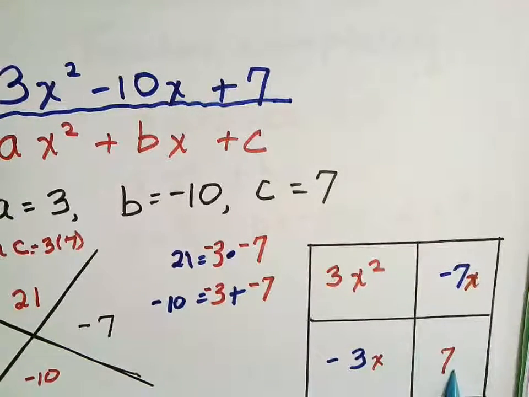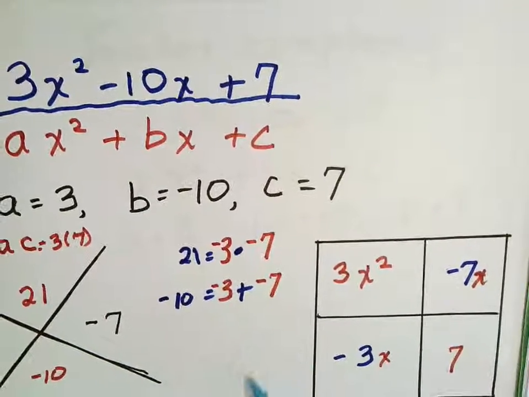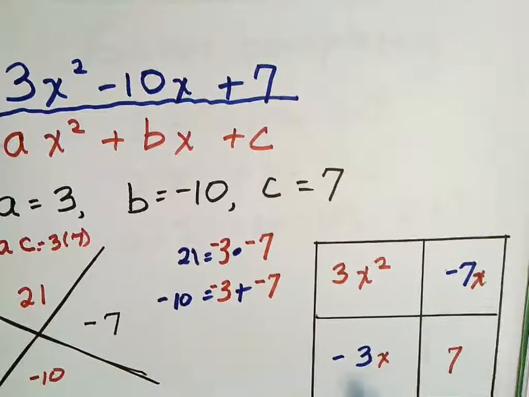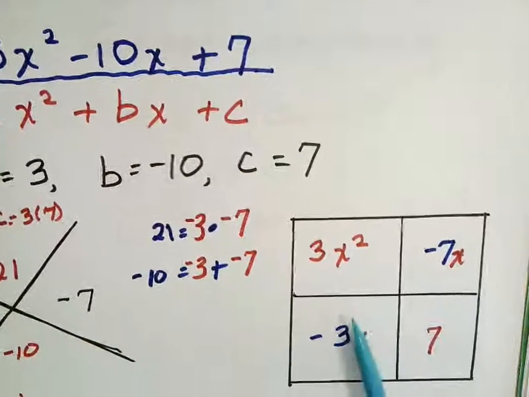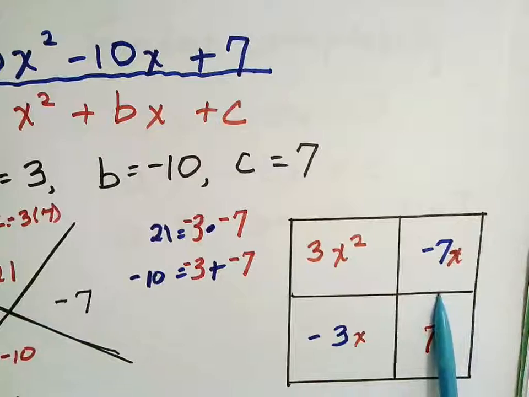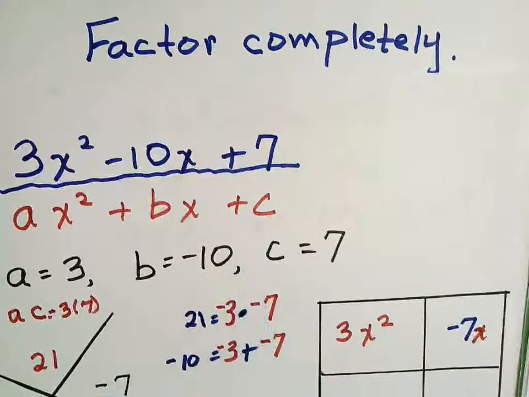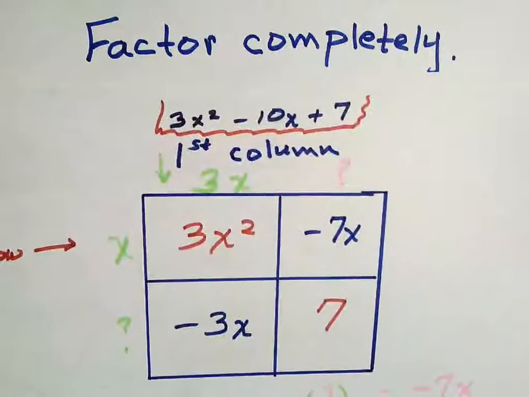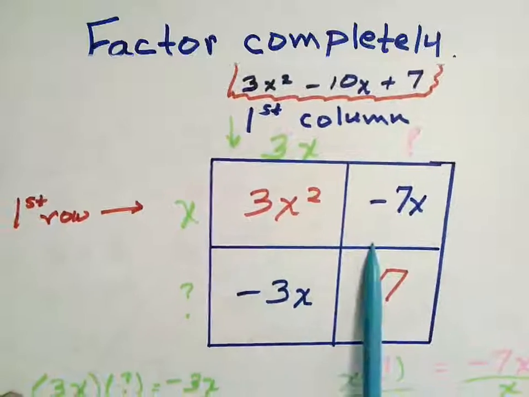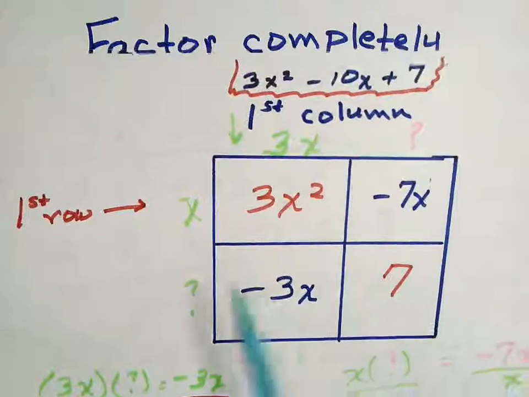I'm going to put it here. And then the two numbers that add up to give us the b, which is the negative 10, is the negative 3 and the negative 7. Now I said times x because we want these terms to add up to give us a negative 10x.